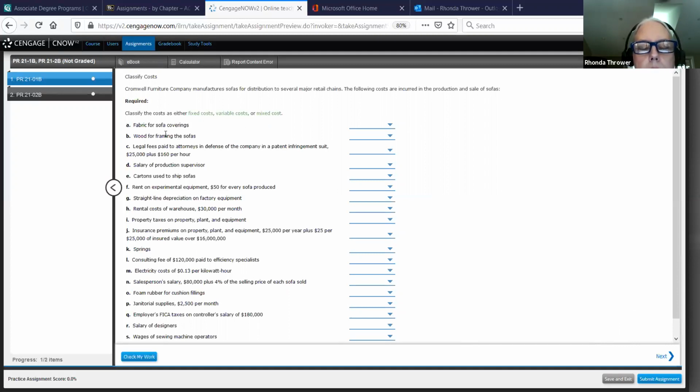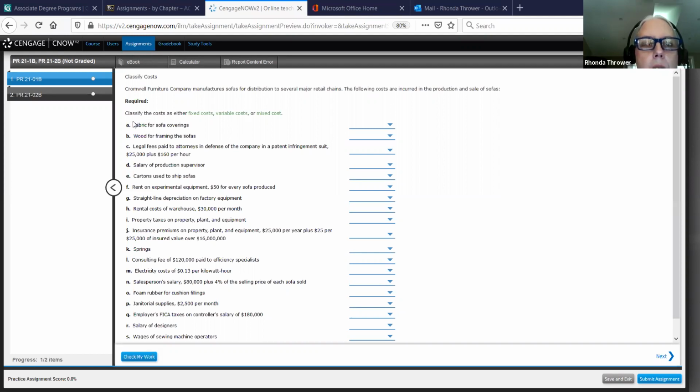We're going to start with our fabric sofa. If we are manufacturing sofas and we are using fabric to manufacture those sofas, they're going to be our sofa coverings.